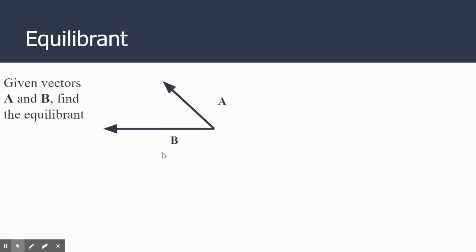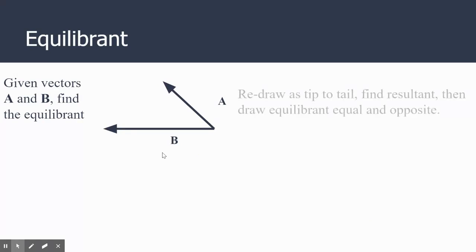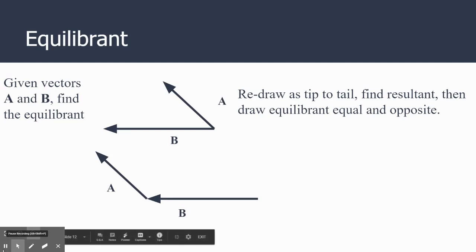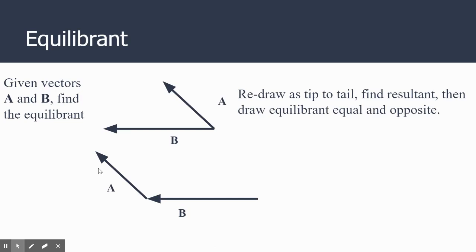So the next thing we're going to talk about is an equilibrant. An equilibrant is a vector that is the exact same size as the resultant would be, but the equilibrant points in exactly the opposite direction. Okay, so why is this important?